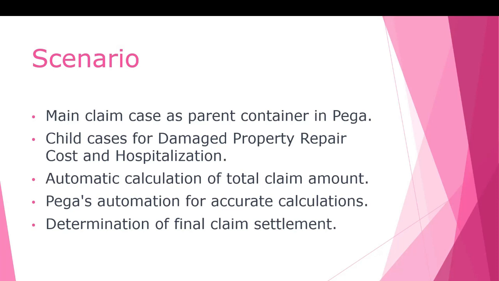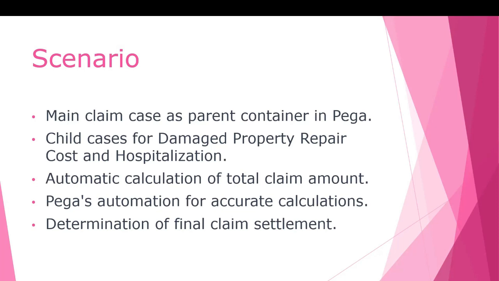So that is what we need to configure. So once we configure what are the properties that are required for the calculations, finally, Pega will determine the total claim amount. So this is the scenario.